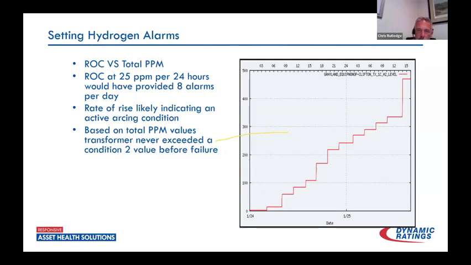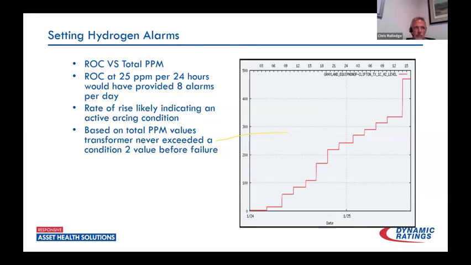And we see a pretty stair-step increment kind of climb up to the end of the day on the 25th, when we see this transformer actually failed at that point. So we had a couple of days notice that we could have gotten this out of service. But that being said, even at failure, we still had not reached condition 2 based on our hydrogen alarm.